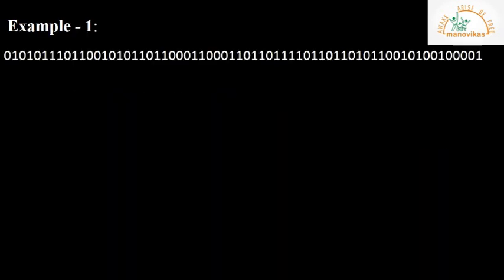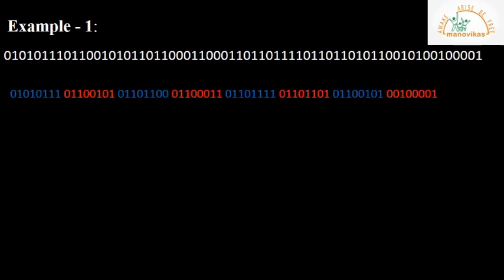Number one, look at a code which is there on the screen, such a long code in the form of binary. I think it is not possible for you to read it, right? So now, as per step number one, group it into 8-bit binary form. If you look here, you will find 8 bits. This is another 8-bit group.